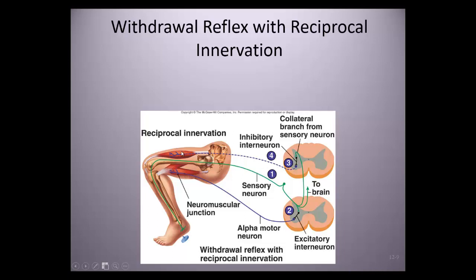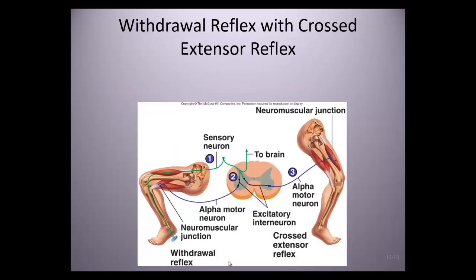So we call it reciprocal innervation, which means if we're going to stimulate one muscle, we have to relax the muscle on the other side of that limb to actually allow us to withdraw that limb. So at the same time, it becomes even more complex. We have to go to the other side of the spinal cord, which controls the other side of the body, to catch us with the other leg.